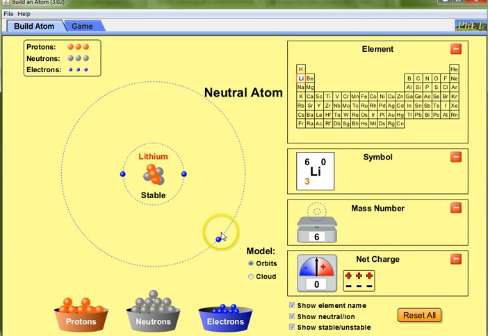Okay, if you remove this electron, now actually you have a lithium ion. Do you think this is stable? It should be stable, correct?